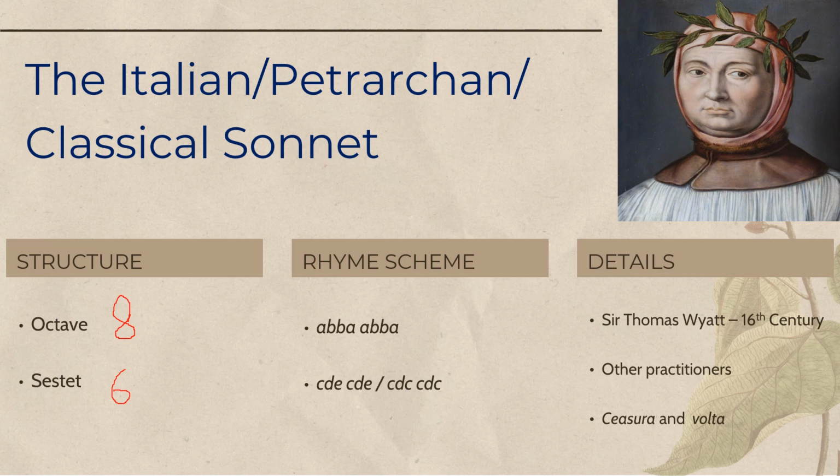He first used it to talk about the hopes and pains of a male lover. Often his love wouldn't be reciprocated by the female lover, but later came other practitioners of the form, which include Milton, Wordsworth, Christina Rossetti, and D.G. Rossetti, who used it for many other themes as well.